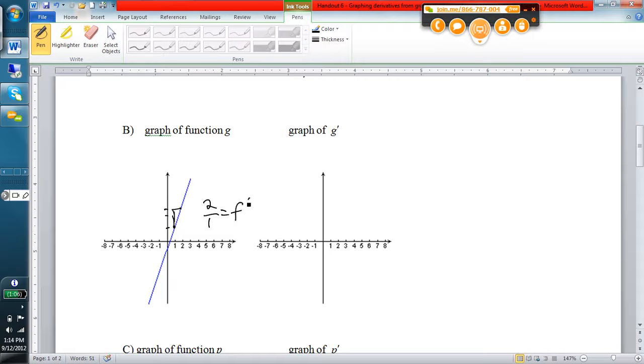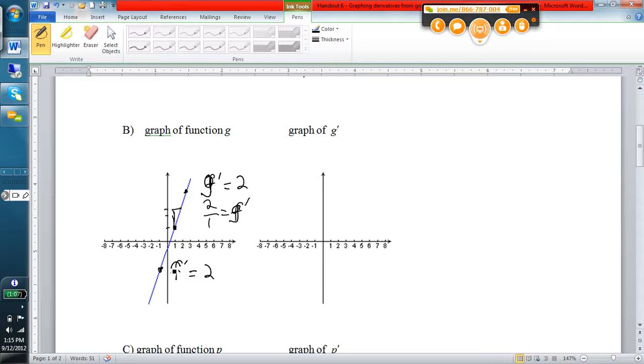All right, what's the derivative right here, up here at 3? It's going to be the same slope, isn't it? That derivative is 2 over 1. So the derivative there is 2. The derivative right here is 2. The derivative down here, guess what? 2. Okay. The derivative is 2 everywhere you look. So when I come over here, it should be g's, I'm sorry.